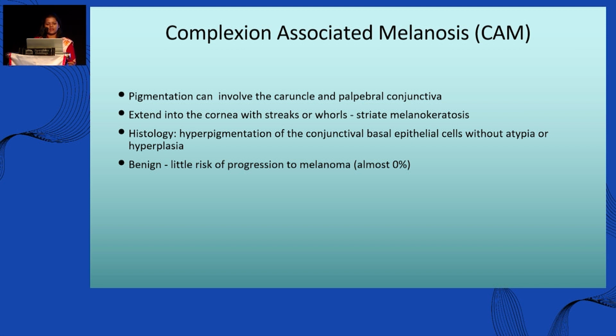And histology can show the hyperpigmentation of the conjunctival basal epithelial cells without any atypia or hyperplasia. And they are benign lesions with minimal or 0% risk of progression to melanoma.